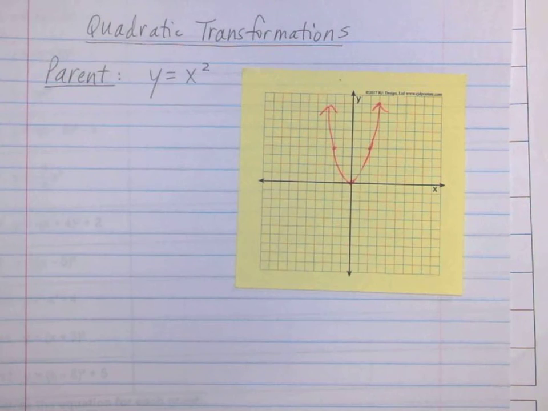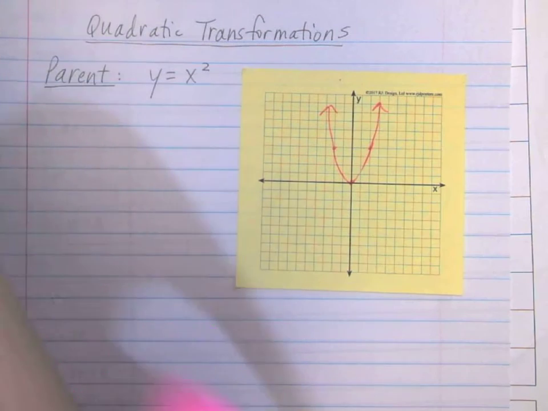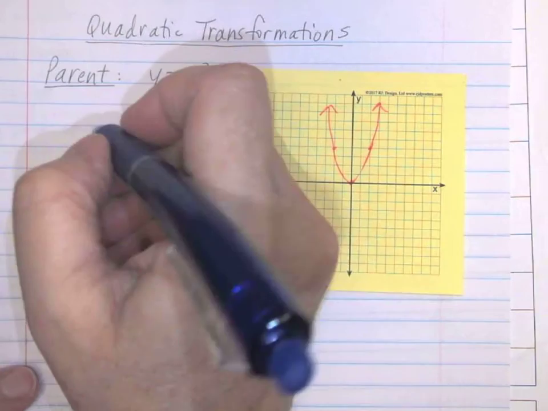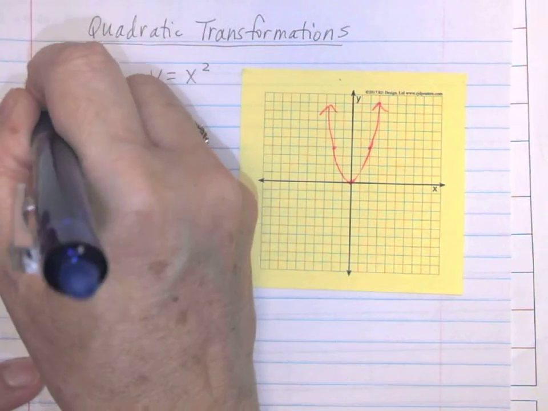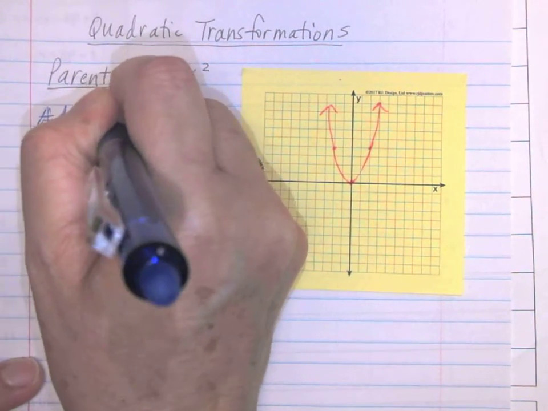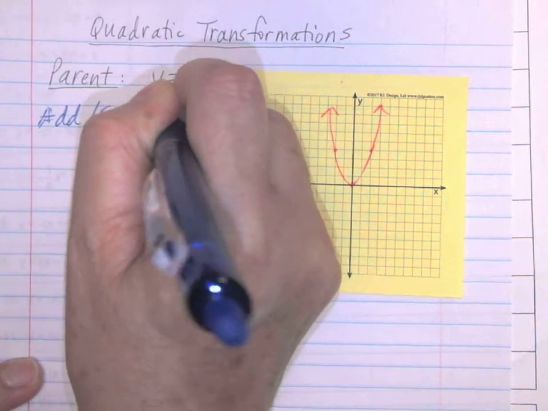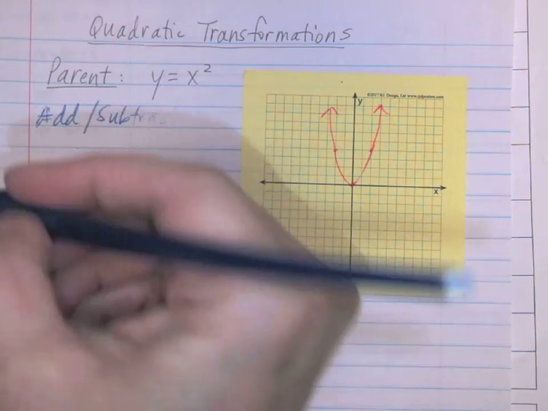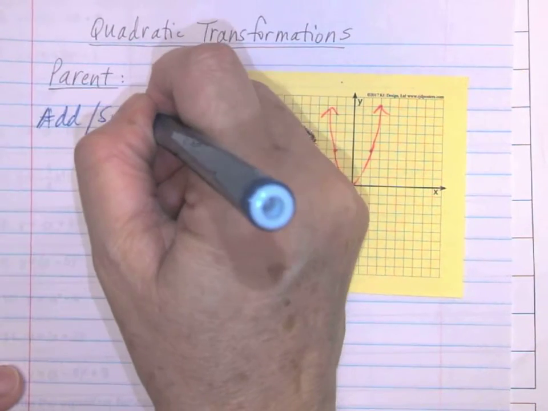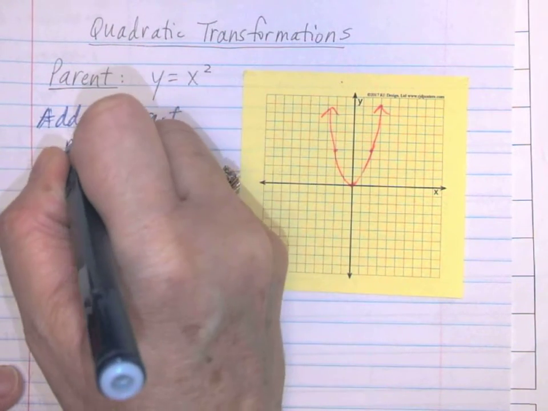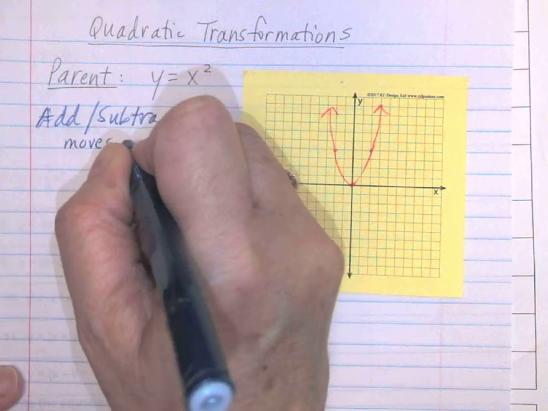So when I make changes to this, what we discovered was that adding or subtracting a number to the end of the equation moves the vertex up or down.